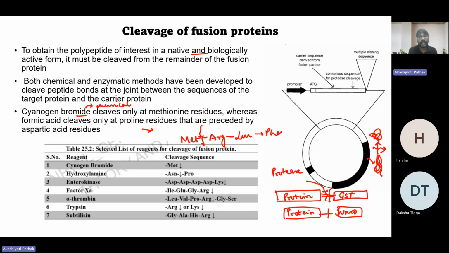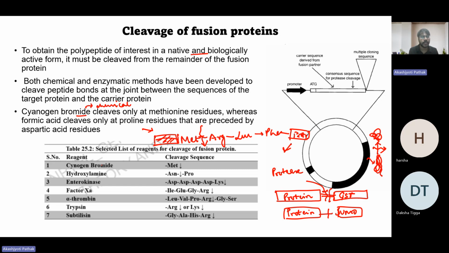Your protein of interest will be cleaved from your fusion protein, and you can then do another round of purification and get your protein of interest.